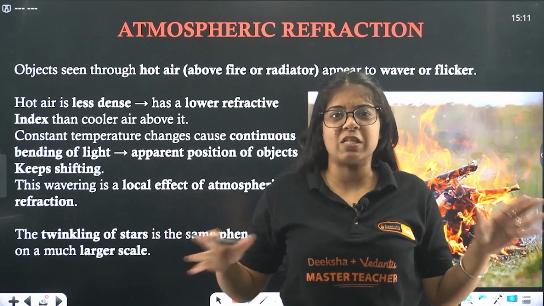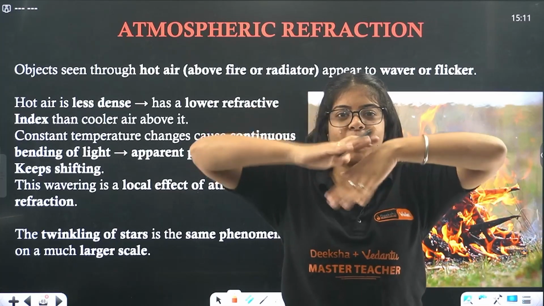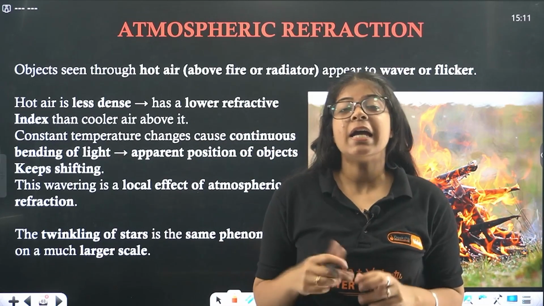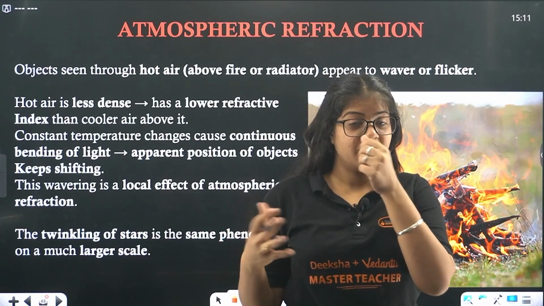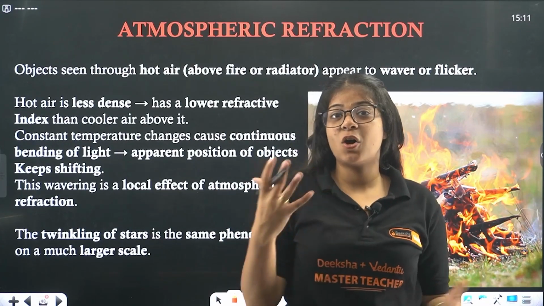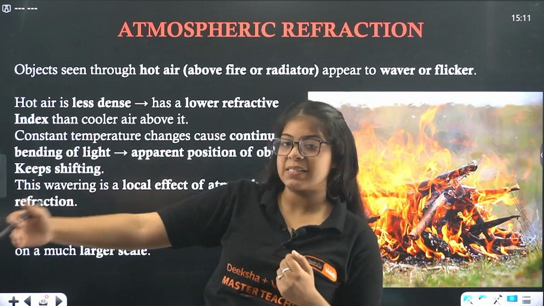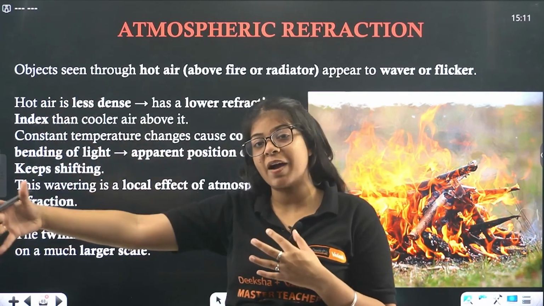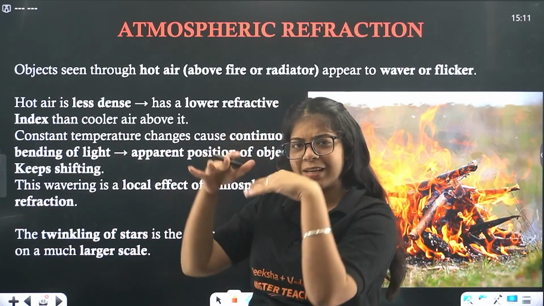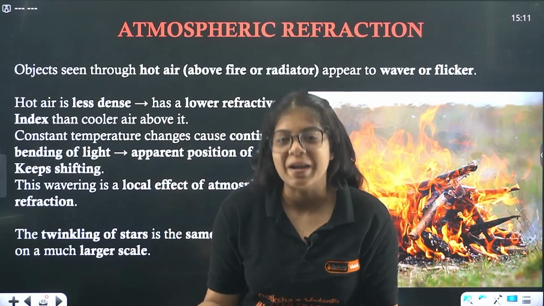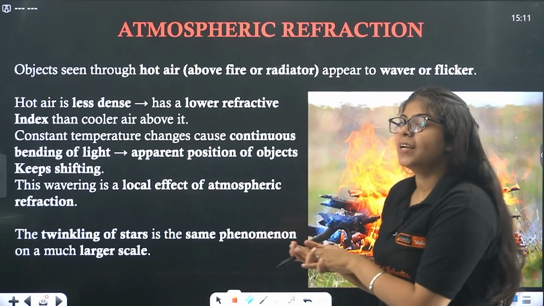It is an empty space, but you will see the things bouncing back, bouncing into each other. Or when you have lit a bonfire, a campfire, or we celebrate Lohri in Punjab, right? You will see that a person standing on the other side of the fire looks like they are dancing like this. They are not, but their image is dancing like this. Why? That is atmospheric refraction.